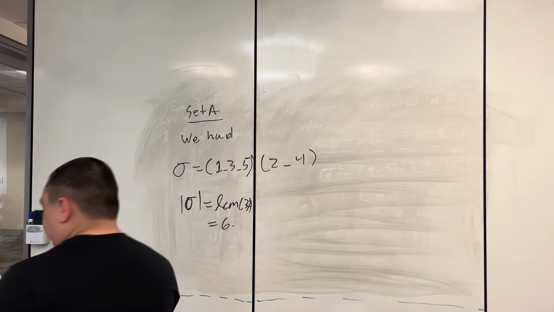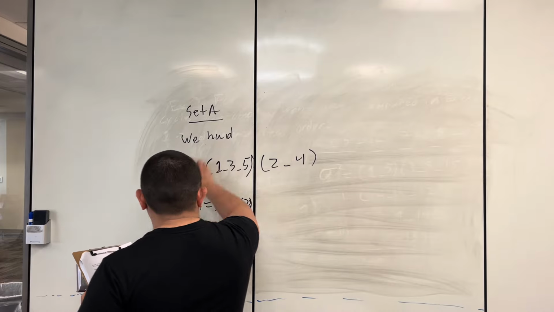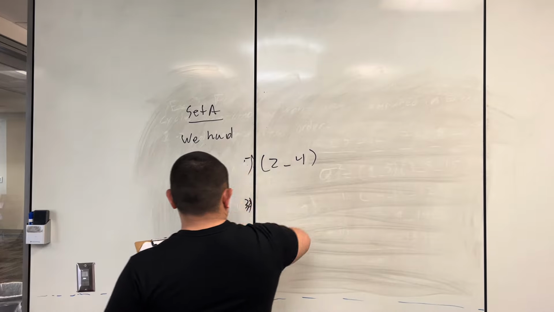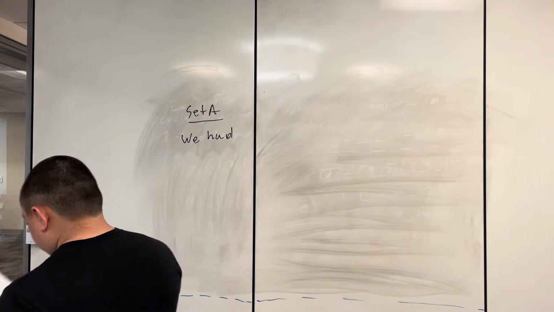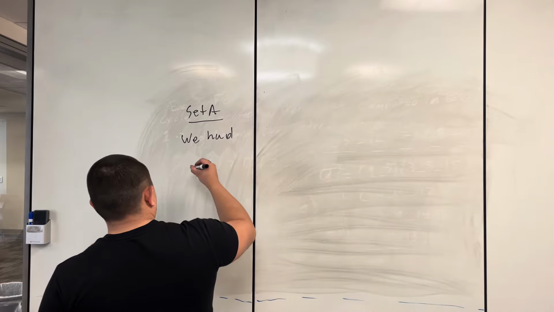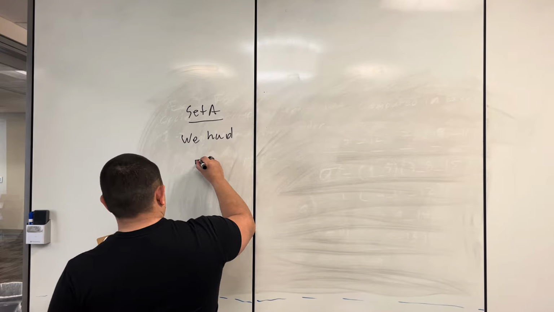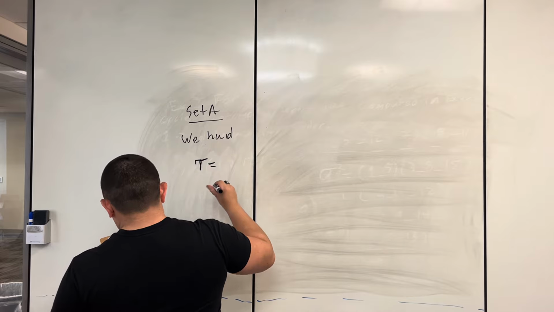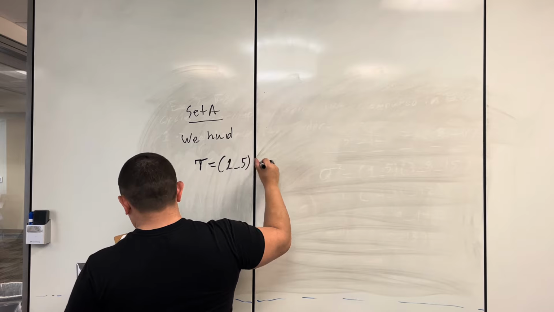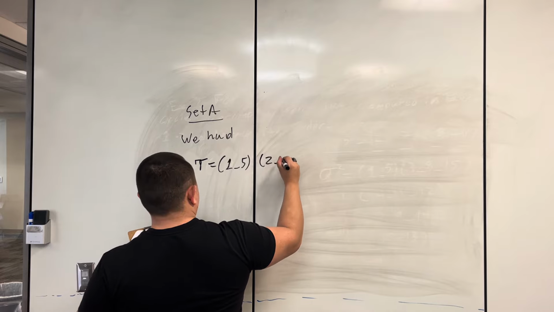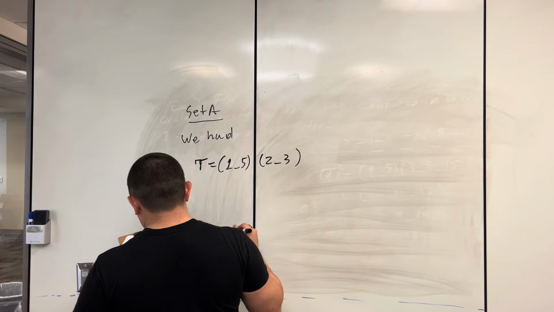Now let's go on to tau. Tau is equal to (1 5)(2 3).